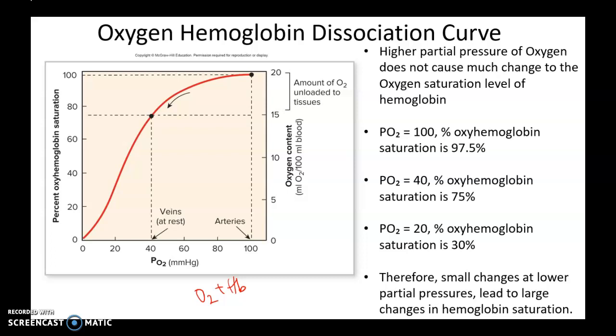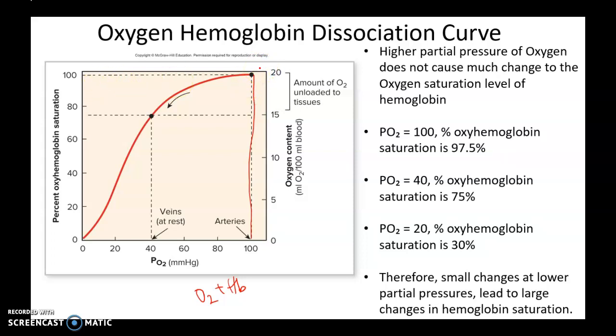of hemoglobin. What does that mean? I want you to look at the x-axis first. At the x-axis, you do see 100, right? So when the partial pressure of oxygen is 100 millimeter of mercury, at that point, look at percent oxygen saturation.